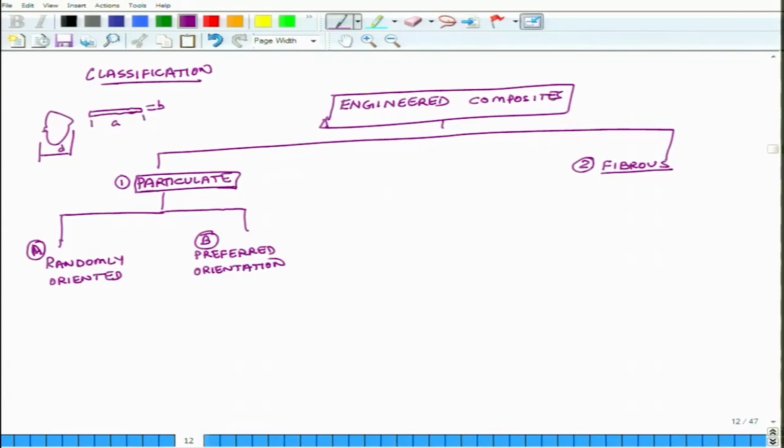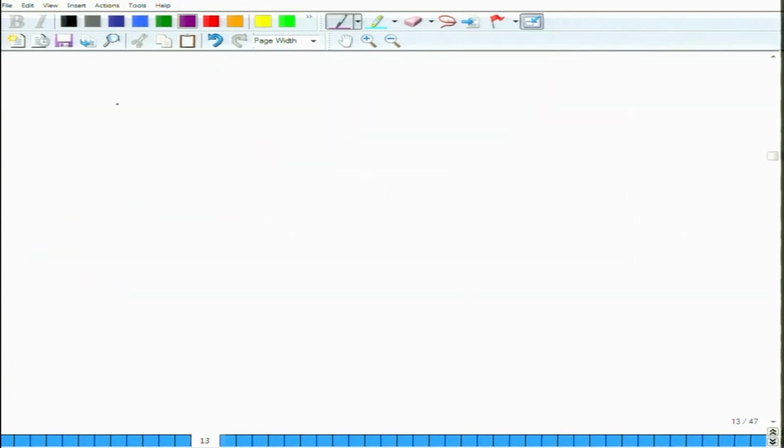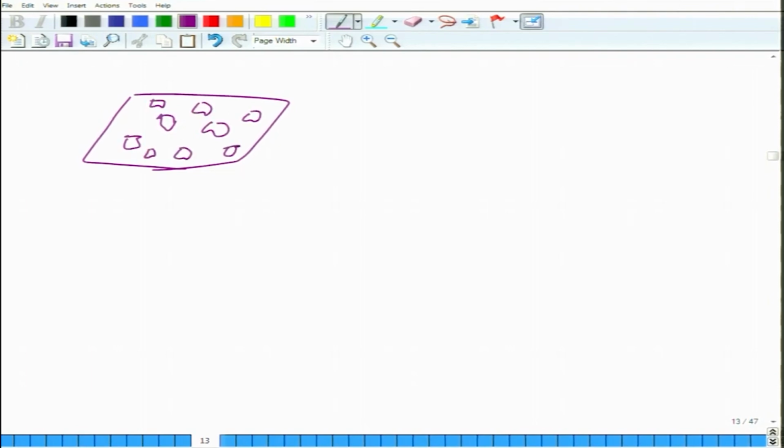Now, let us talk a little bit about particulate composites. So, this is some randomly oriented particulate composite. It has these blocky or lumpy particles, and then of course, as I said, there is this matrix material.